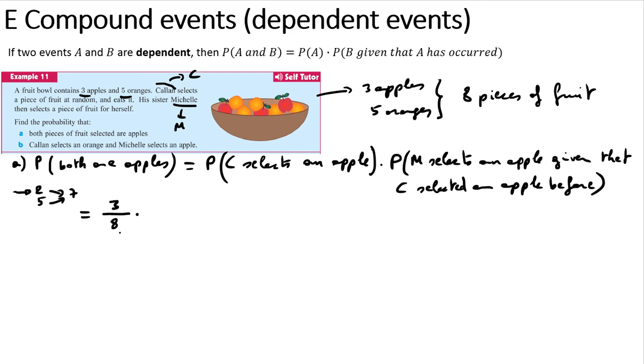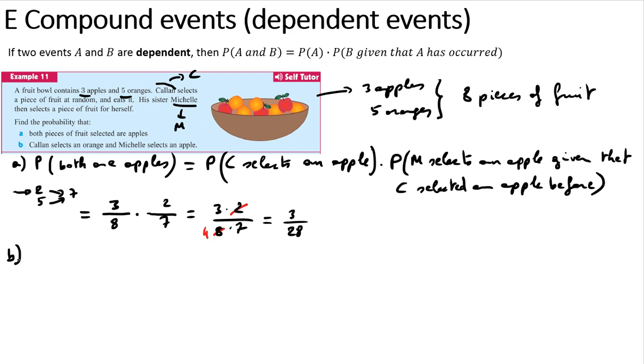Now Michelle has to select a piece of fruit, so the probability of selecting an apple is 2/7. So that is 3 times 2 over 8 times 7. We can simplify this: we can get rid of the 2, and here we get a 4. So that is equal to 3/28.